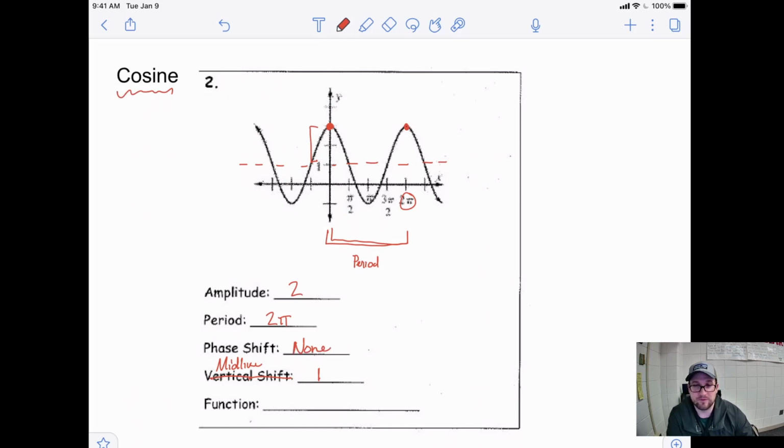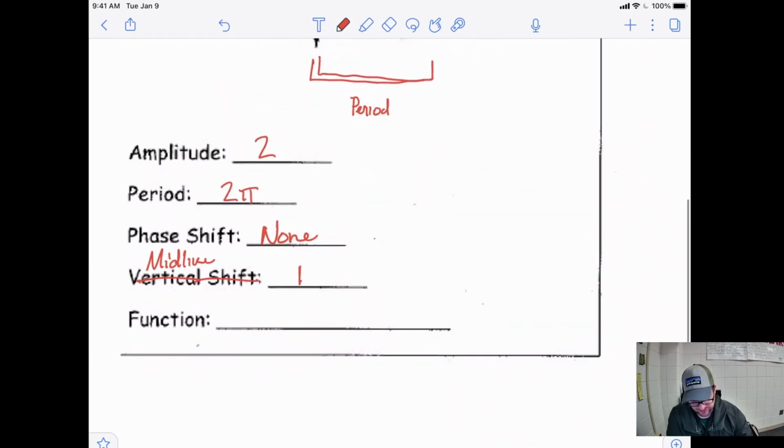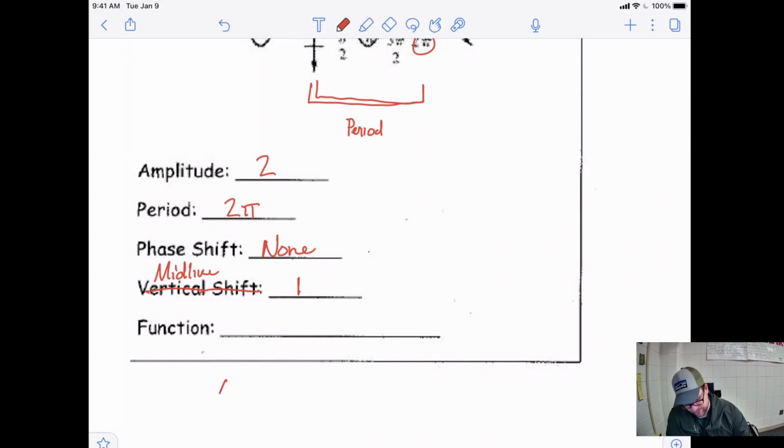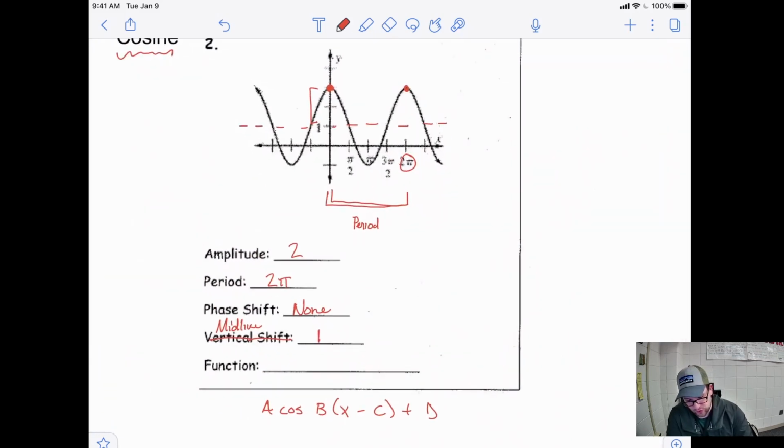And then for our function, this is where we have to sit and think a little bit. For our function, remember our general form will be a, since we're writing a cosine, of b parenthesis x minus c plus d. Now, we can start filling in these pieces right away. We know that this is our normal cosine function and that our amplitude is positive because we're starting up in the air.